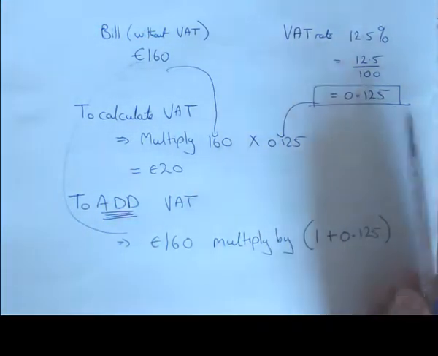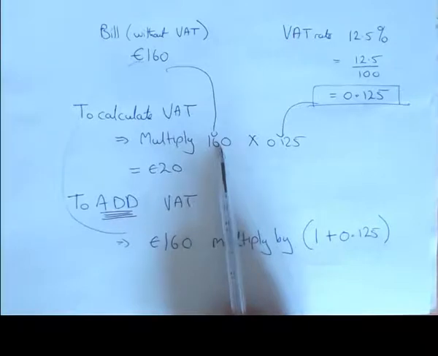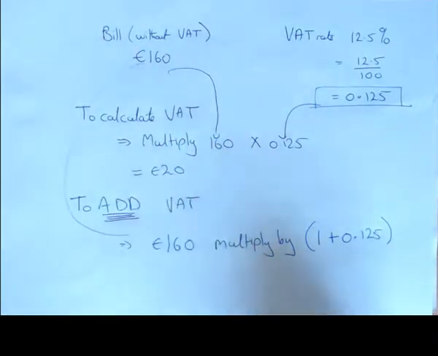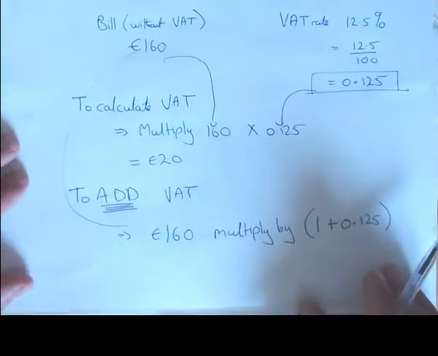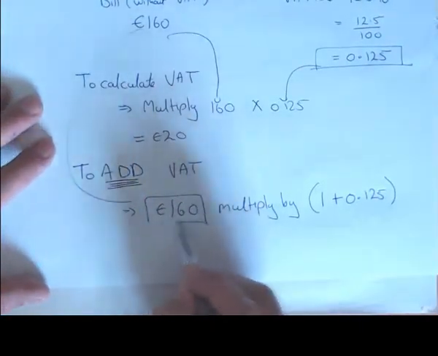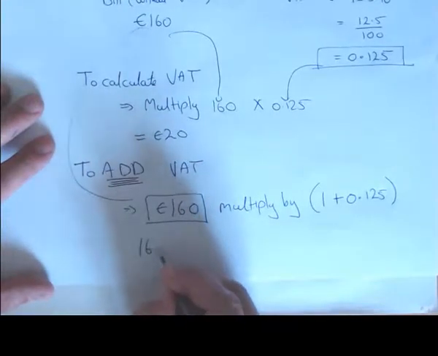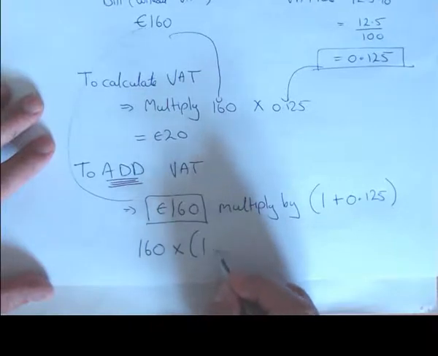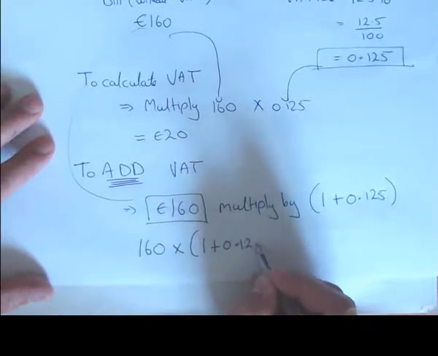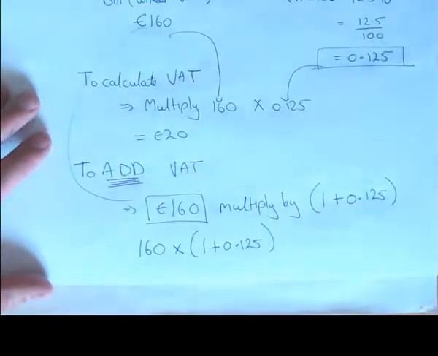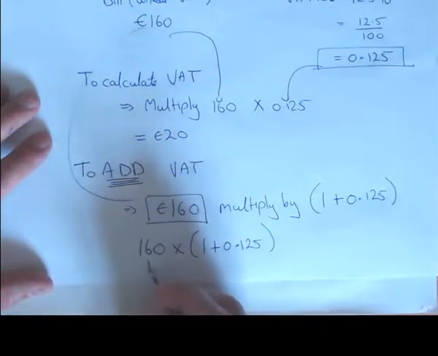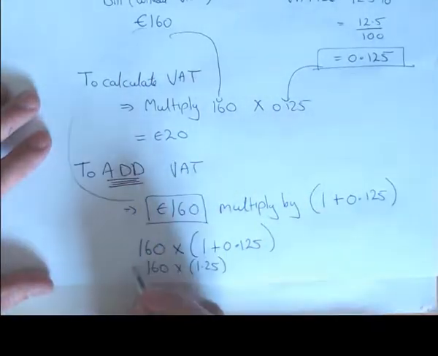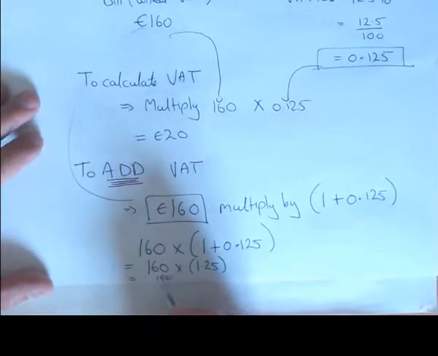So instead of putting 0.125 multiplied by 160 into your calculator, finding out that is 20 and then adding it to 160, you're going to type in 160, multiplied by, brackets 1 plus 0.125. And of course, if you can do that in your head, that's 160 times 1.25. And you will get your answer, which is 180.